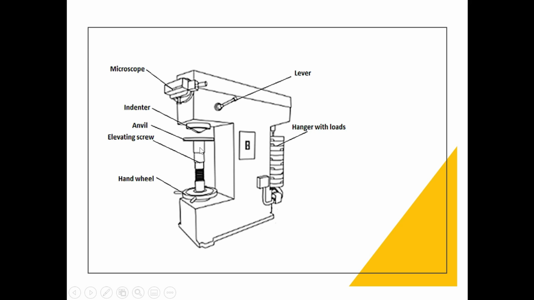This setup is used to raise the workpiece towards the indenter, and on the back side there is a hanger with loads. So as per the material and its application, we can apply the load and measure the hardness. By rotating this hand wheel, the anvil can be raised upward in order to take the workpiece towards the indenter.